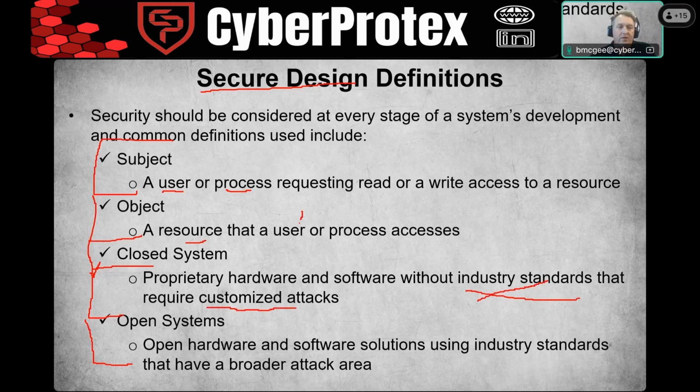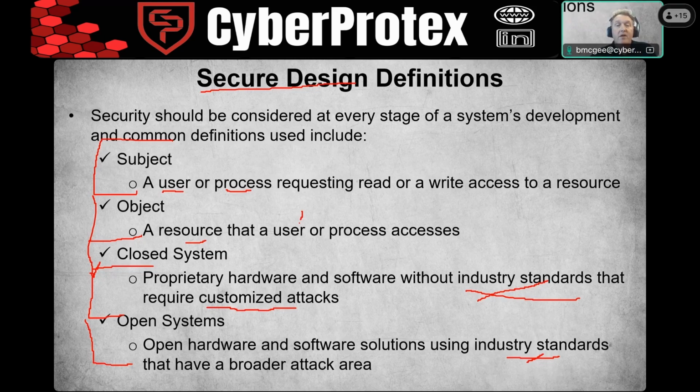Whereas an open system allows for applying industrial standards to it, and thus it gives it not only a broader attack area, but a lot of times many of those issues have been mitigated with an open system.